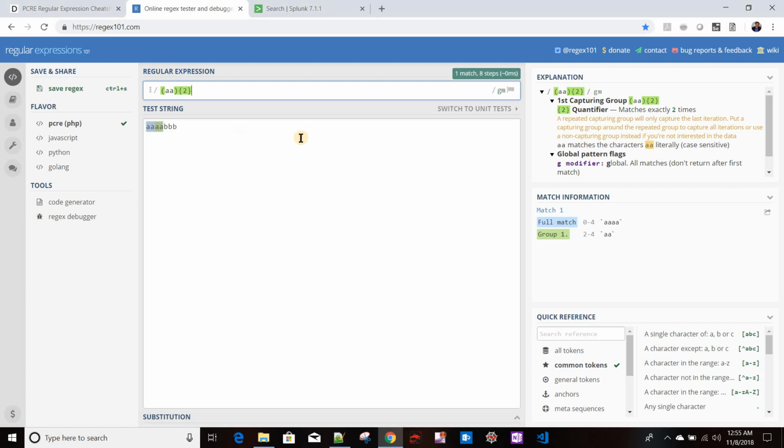So what is happening is, I give a quantifier here, right? So my full match is AAAA, but my group is still AA. And as I showed you earlier, whenever you are using this named group, it will capture only AA, it will not capture AAAA, right? So let us see how we can capture it. To do that, we used to give a name over here, right?